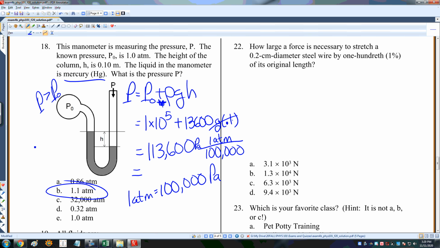How large a force is necessary to stretch a 0.2 centimeter steel wire by 1/100th of its original length? All right, so not easy.